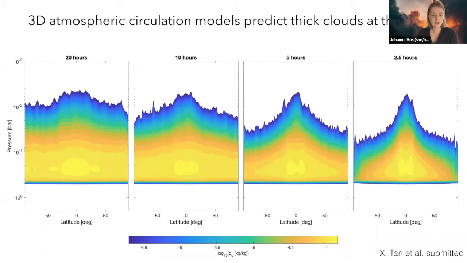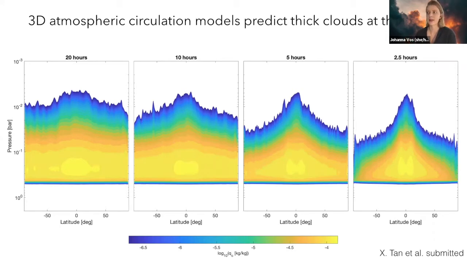And this simulation shows that the local cloud thickness is generally thicker at low latitudes and smaller at high latitudes. And this is particularly the case for the fastest rotators. And this is generally due to the Coriolis force.